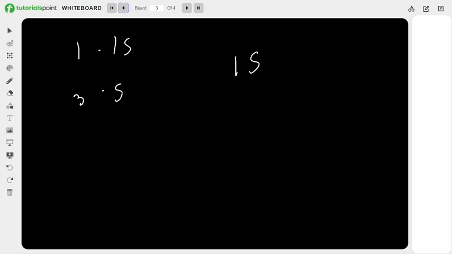And that's actually it. We have 1 times 15 and 3 times 5. So we're looking for something that multiplies to 15 and adds to negative 8. Well, 1 plus 15 is going to be 16, and 3 plus 5 is going to be 8. Neither of those are negative.